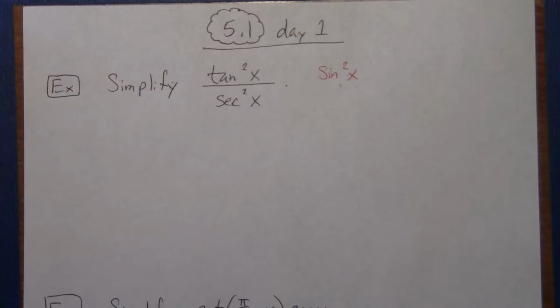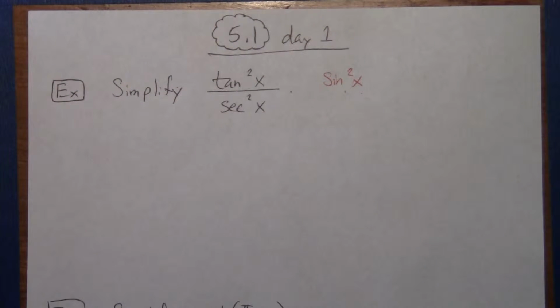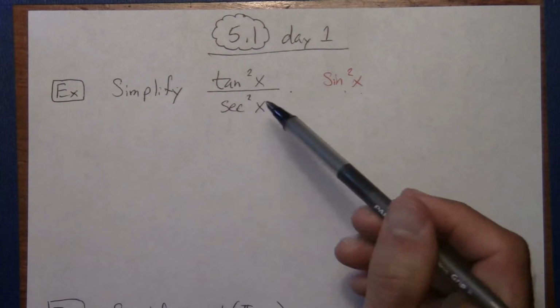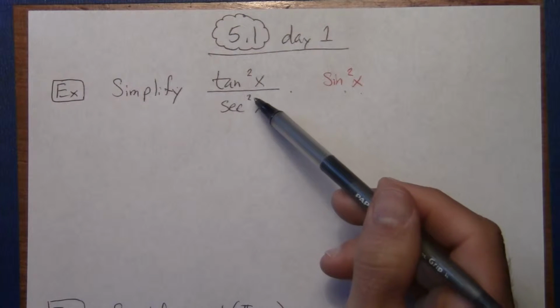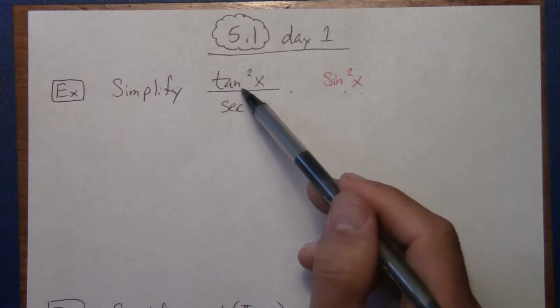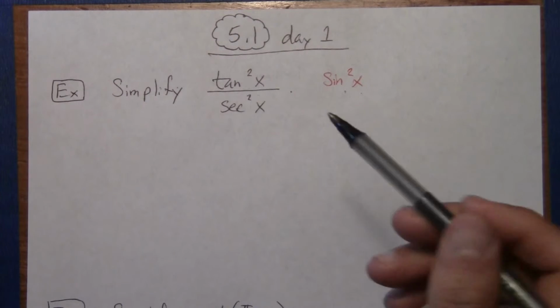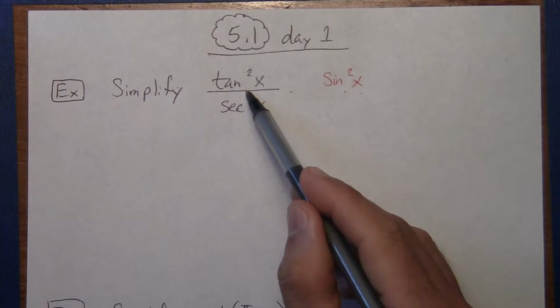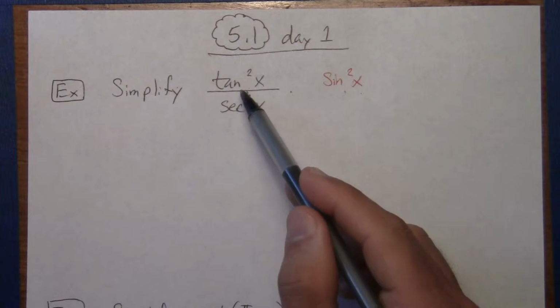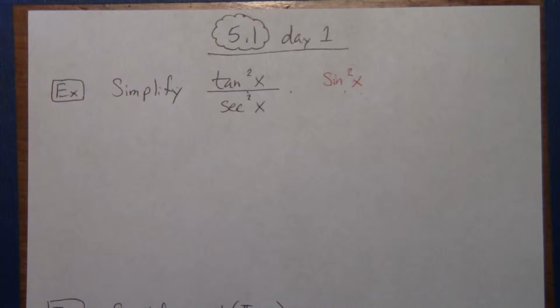Alright, so what do I look for? Like I said, I look for quantities where you've got 90 minus theta. I look for any sort of squared function, which I see here. That's a clue that I know there's identities for them. So any kind of squared function, first thing I might do is say, well, there's an identity for that. Can I switch that? So you can go up and look at your Pythagorean identities, and you can see that, yeah, sure, there's an identity for that one.